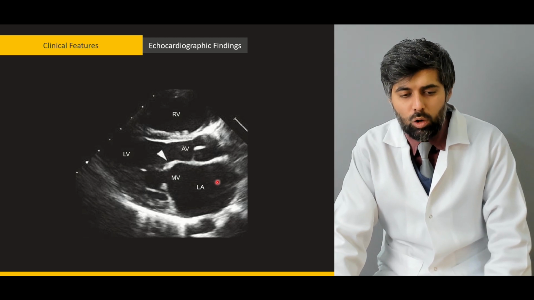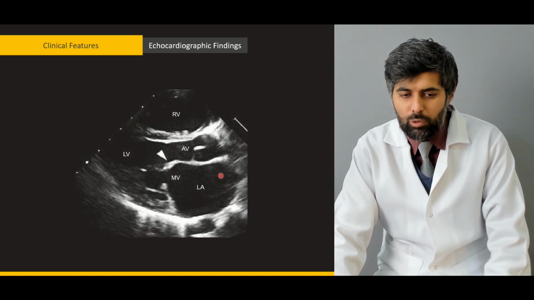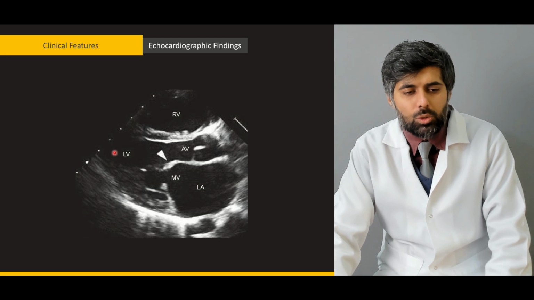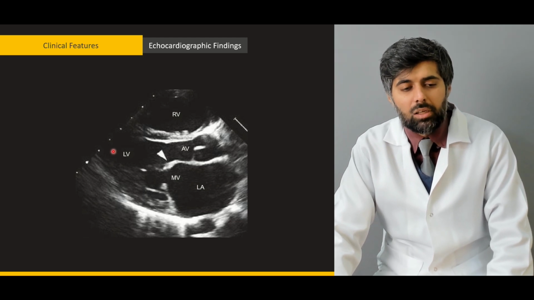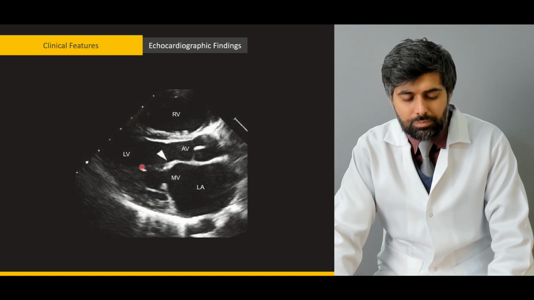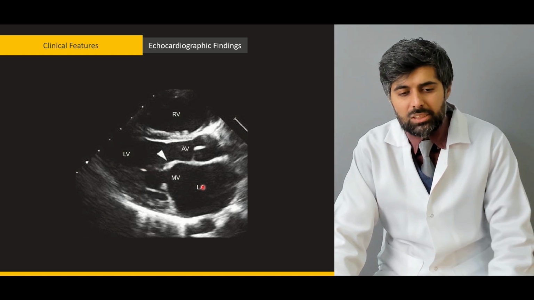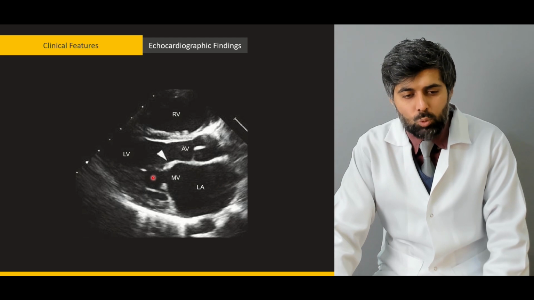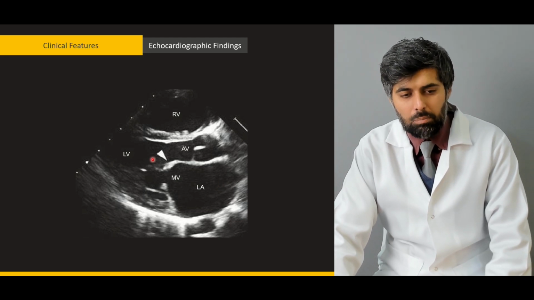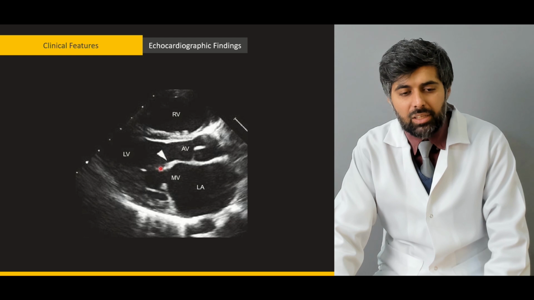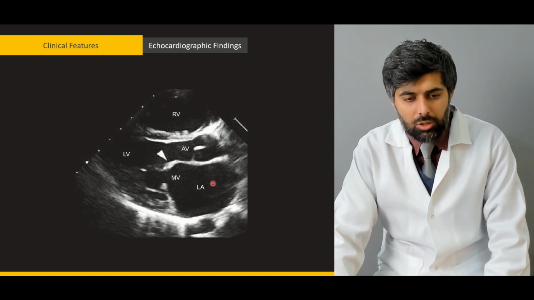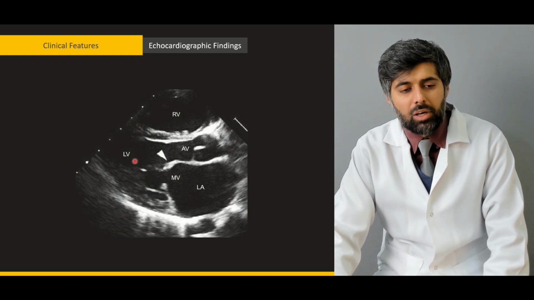So the flow of the blood from the left atrium to the left ventricle is compromised. Normally blood moves in this direction, but now because one leaflet has undergone damage, the blood will move into the left ventricle.